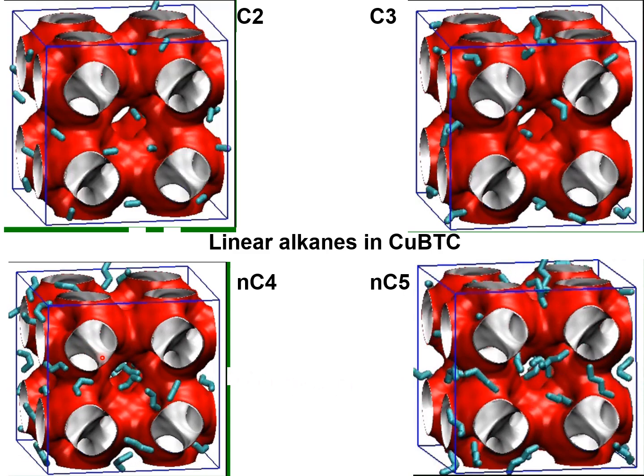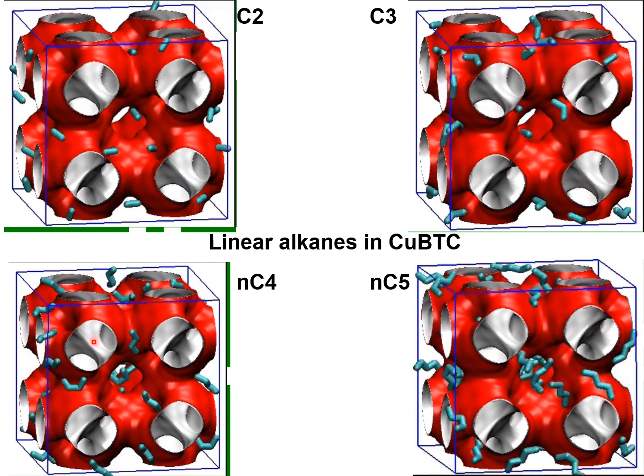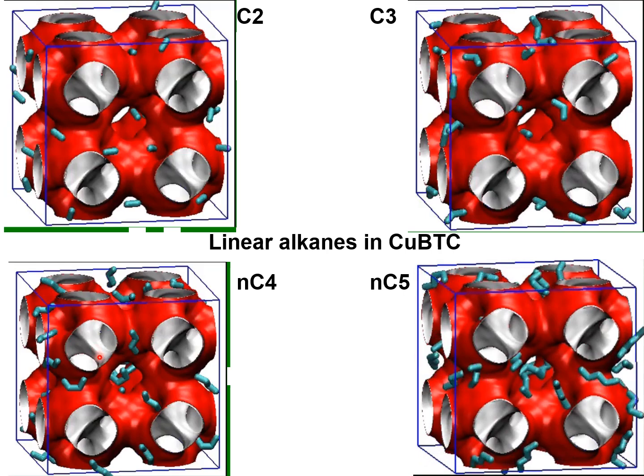The tetrahedral pockets are also preferred locations for these linear alkanes, but the maximum loading per pocket decreases with increasing chain length.